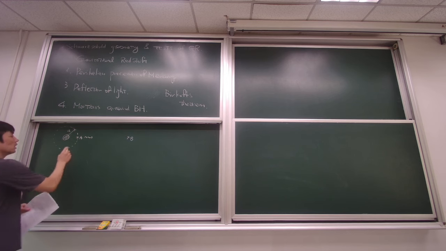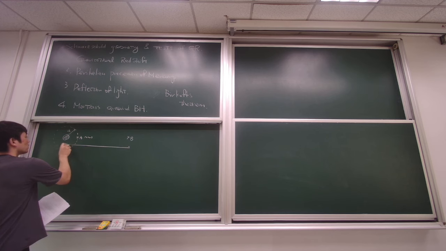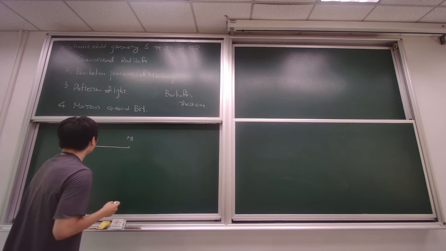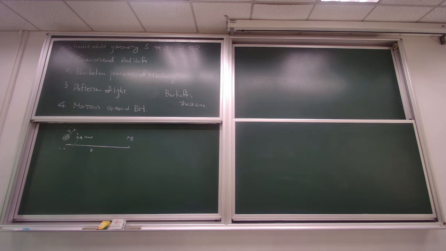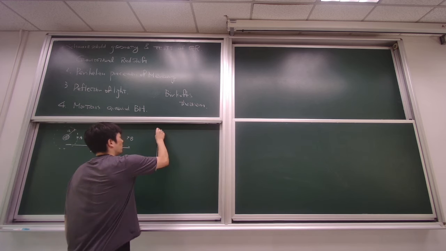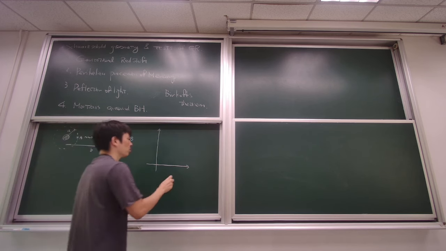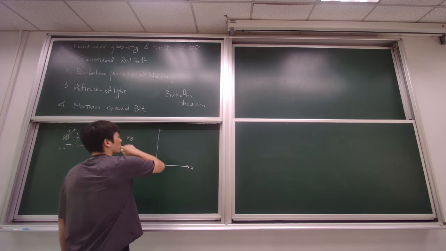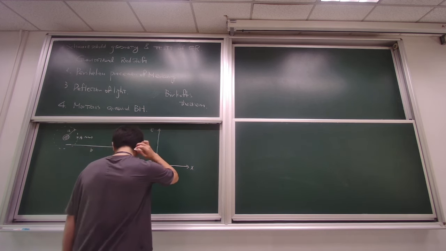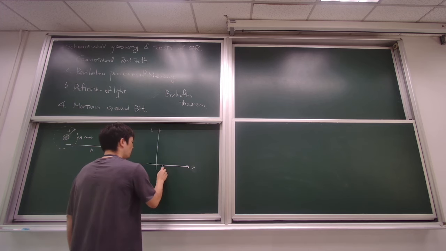The distance is small b, so the radius is b. If the space-time is curved or warped, there is some consequence because of the curvature or metric. So suppose this is x or r. This is A and this is B.